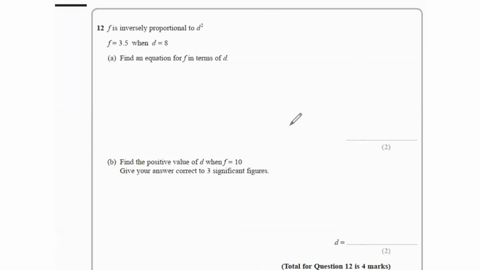Question 12 says f is inversely proportional to d square. f equals 3.5 when d equals 8. Find an equation for f in terms of d. So if f is inversely proportional to d square, then f equals k over d square, because when f is increasing, d square is decreasing and vice versa. So 3.5 equals k, your constant of proportionality, divided by 8 square.